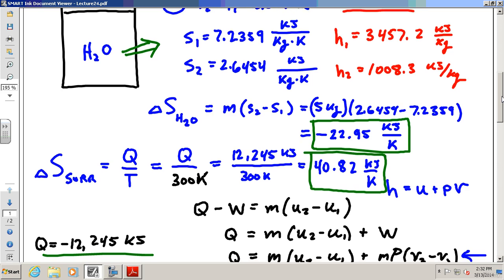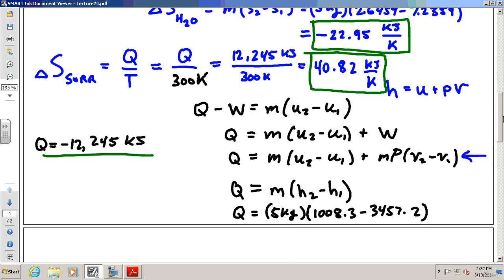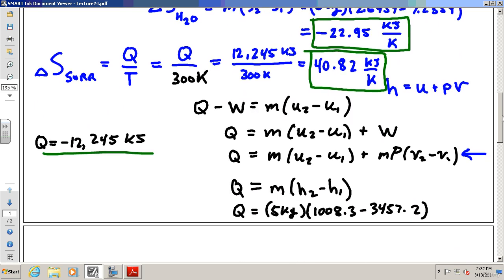I'm going to scroll up so I get a little more space here at the bottom. Here's what we're effectively saying here. This is very simple. The entropy change of the water plus the entropy change of the surroundings is equal to what we call the entropy generated. This is where it just kind of comes from nowhere. Poof, there's entropy.